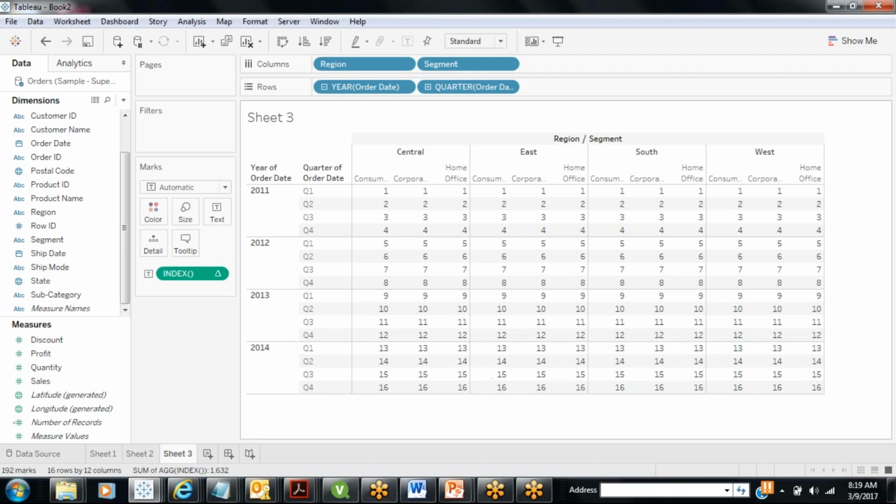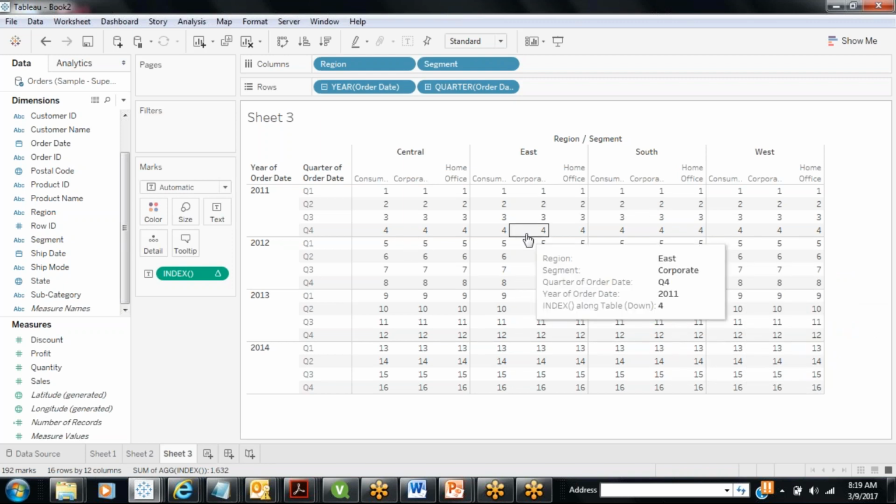So 16 panes are there, a 4 by 4 matrix. Now the table is 1, my pane is 16 and my cell is 16 by 16, it is 256. So this is the scope.